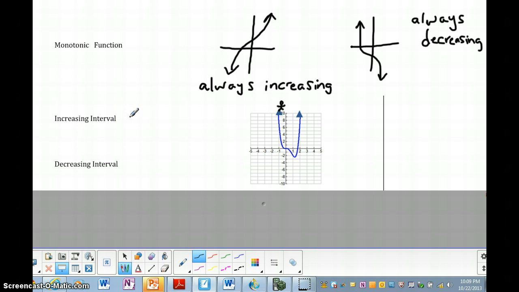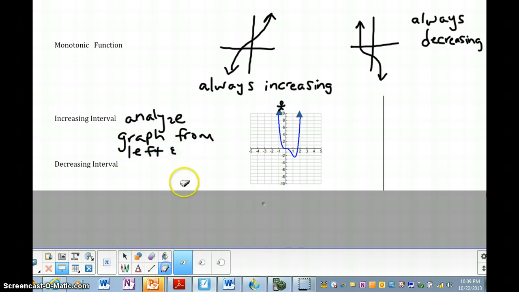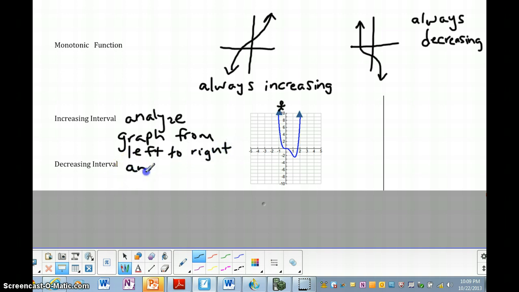So remember, for increasing and decreasing, we analyze from left to right, and we write our intervals in the x values.